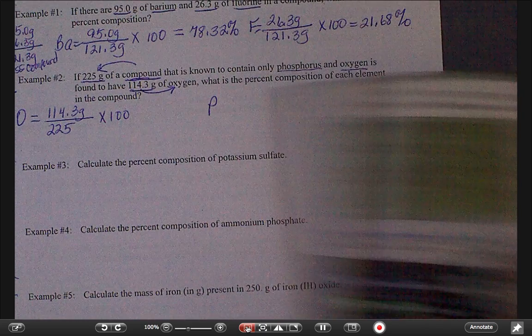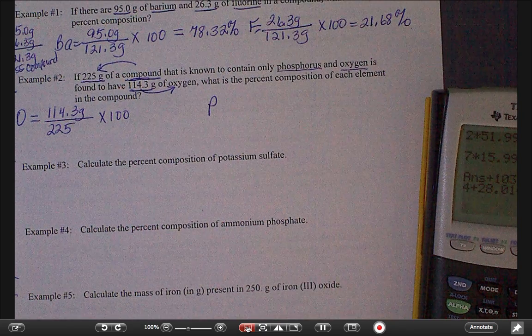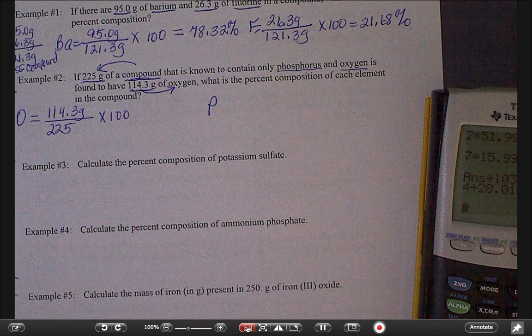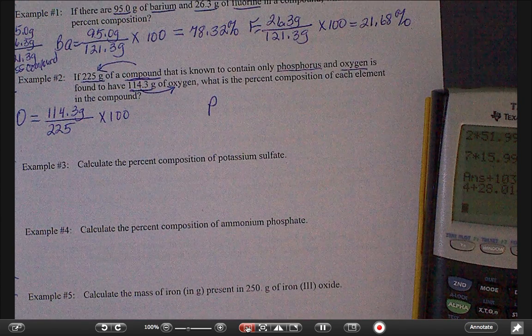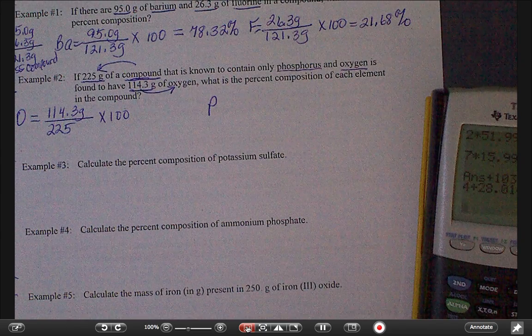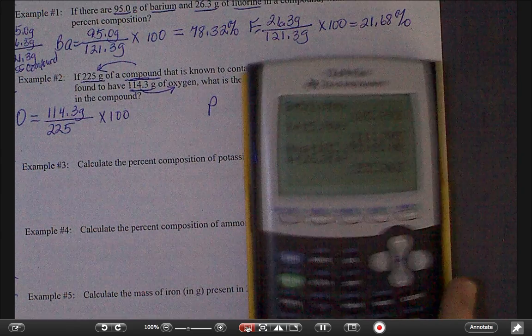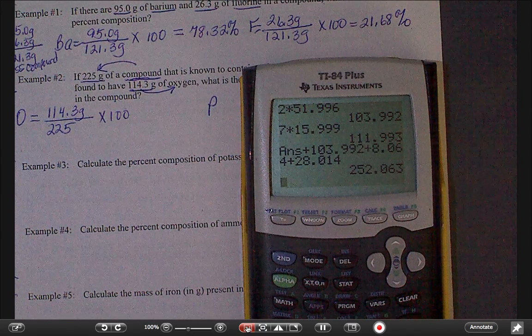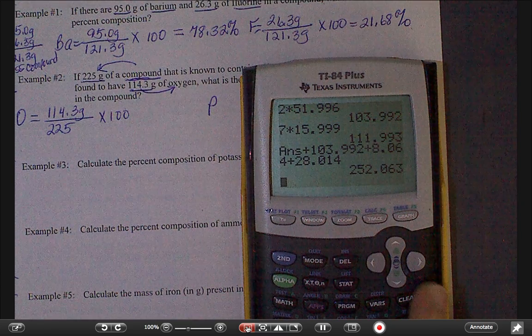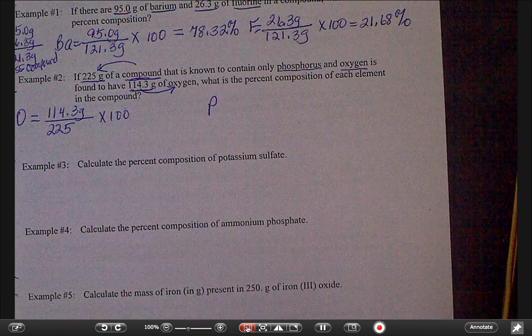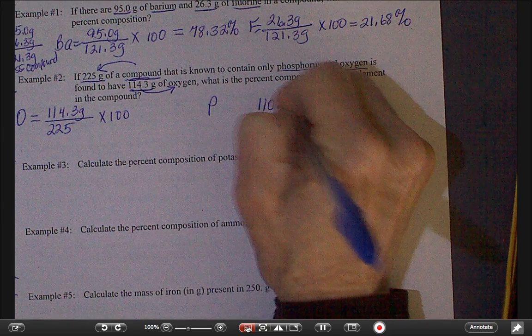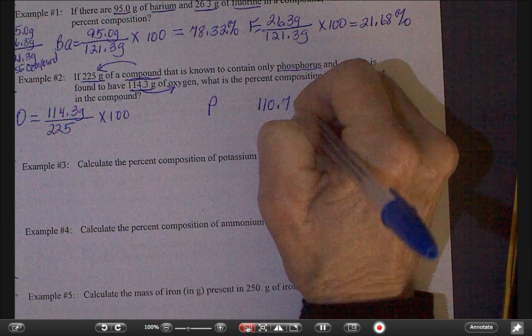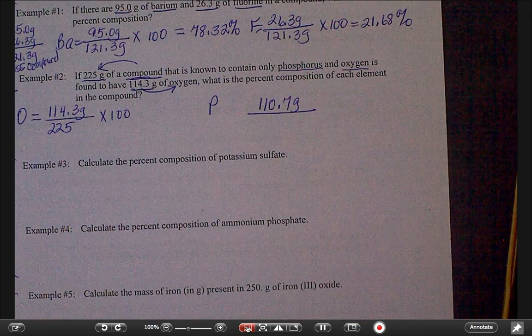I got 50.8. Yeah, the answer's 50.8. He just gave us the other value. My bad, the 110.7 grams is going to be the other value, kids.